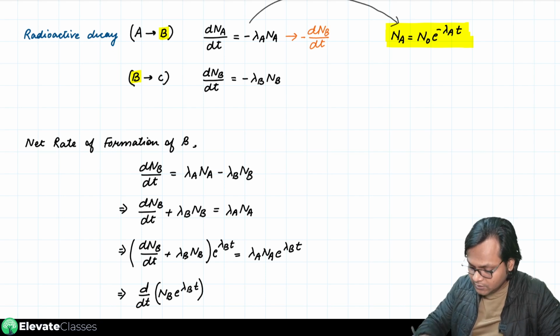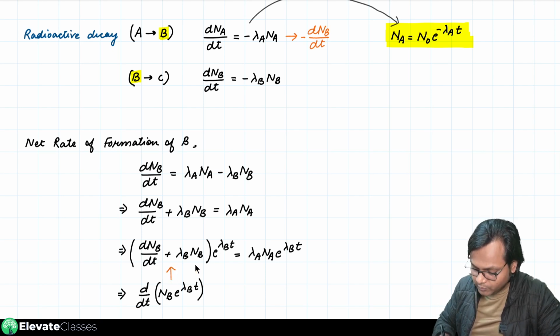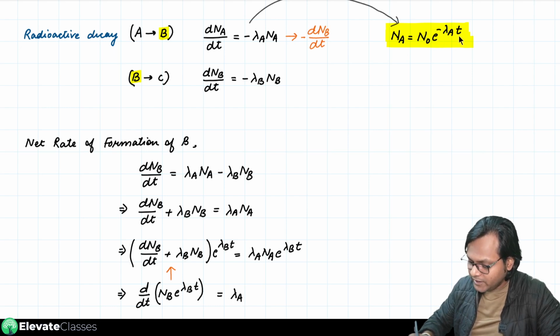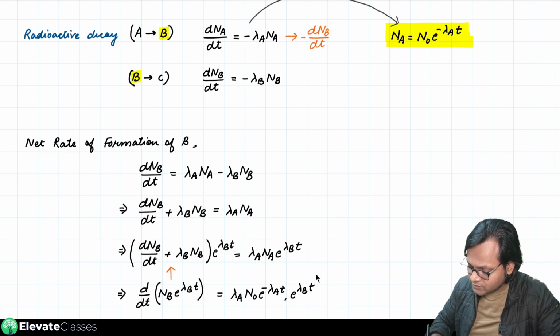So essentially you end up getting this expression, and that's why I've written it to substitute the LHS. And on the RHS, since NA is equal to N naught e to the power minus lambda A t, I'll write that here, N naught e to the power minus lambda A t, times e to the power lambda B t. So I've simply substituted NA with this particular expression.